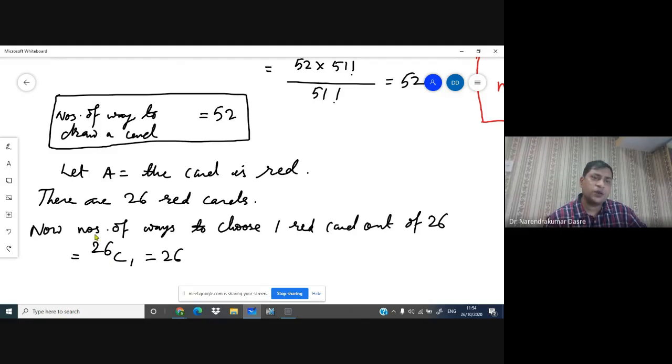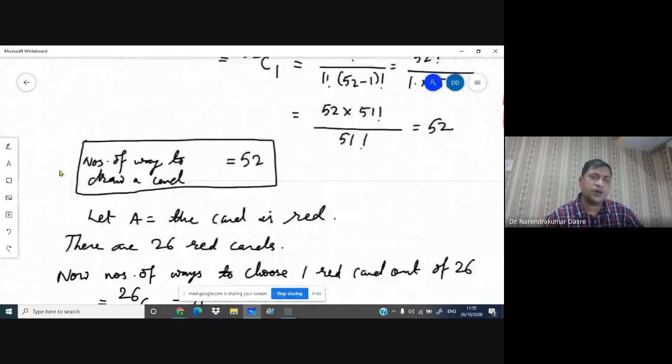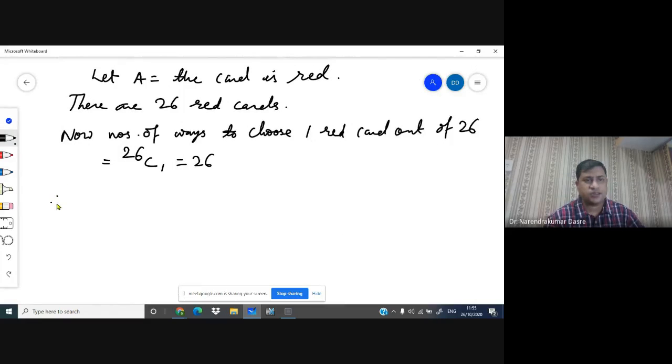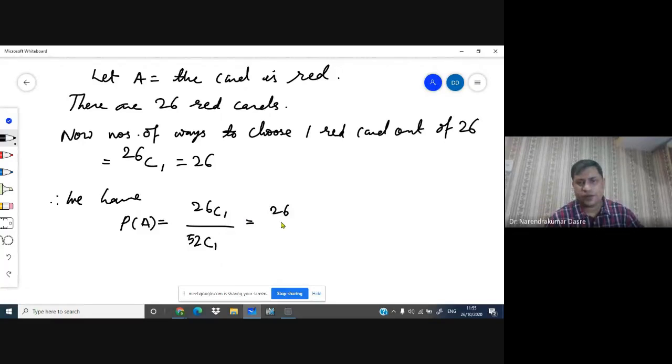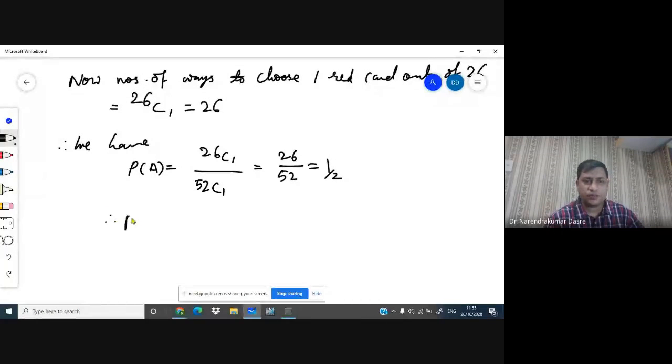Now once I know the number of ways of my favorable outcomes out of the total number of ways, we are able to define the probability. We have an event A, and we know how many sample points are there in A. So the probability of A is 26C1 upon 52C1, which is 26 by 52, which is 1/2. So the probability of event A is half.